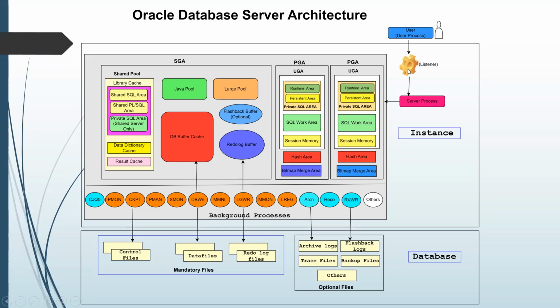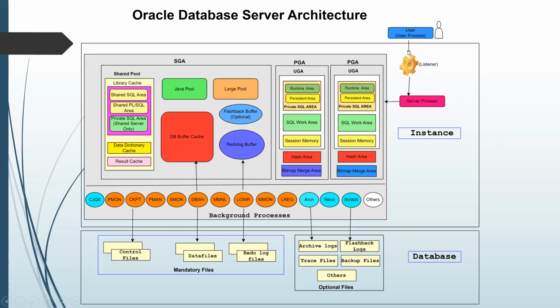Now all of you are SQL DBAs in this batch, so you know that on a server, it's not that only one database runs. There will be multiple databases running on a server. Similarly, in case of Oracle as well, there may be multiple databases running on a single server.